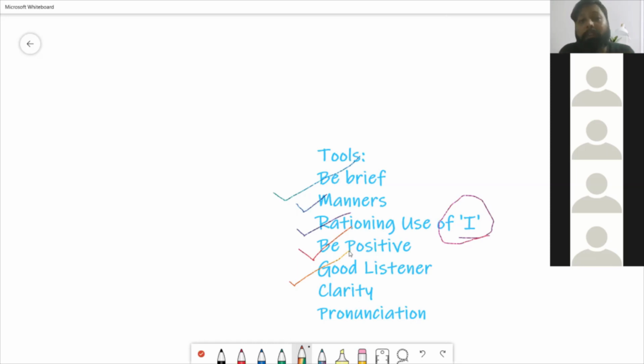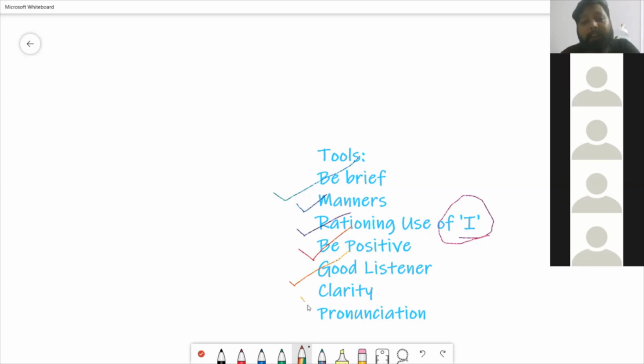If I'm not doing that, again, I will not be able to ensure that this communication is happening properly. So it is very important for you to listen to your receiver first. Understand what it is that this person wants. If you're unable to understand it, you will never be able to cater to your client. You will never be able to cater to your friend. You will never be able to cater to anyone. You will never be a good communicator and people will not want to talk to you.